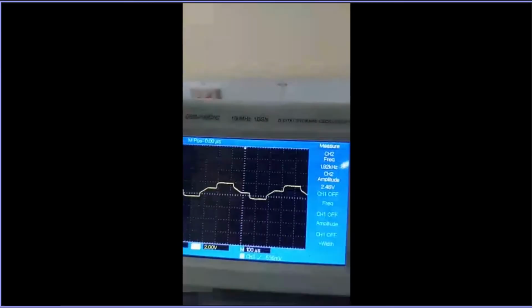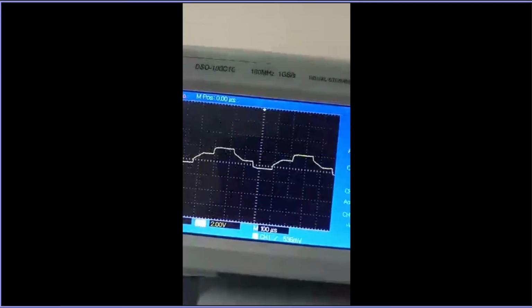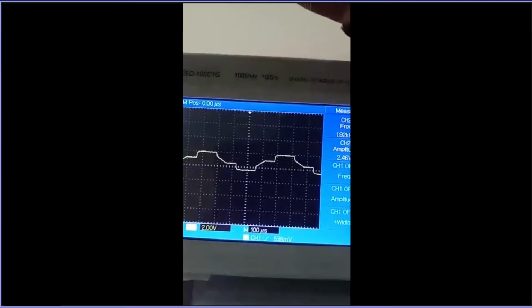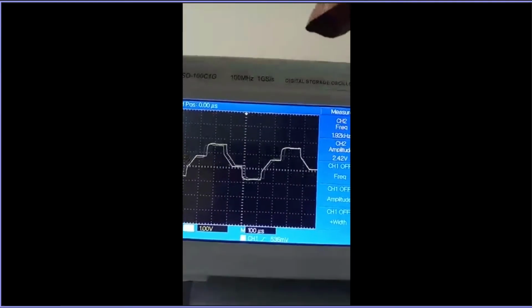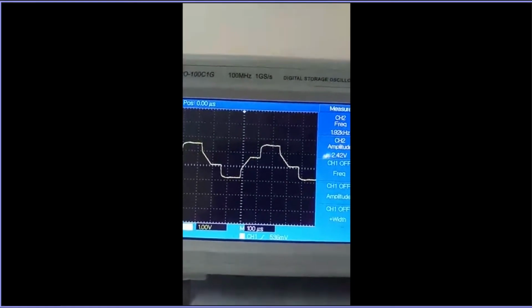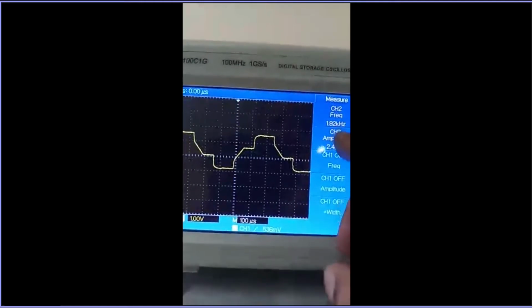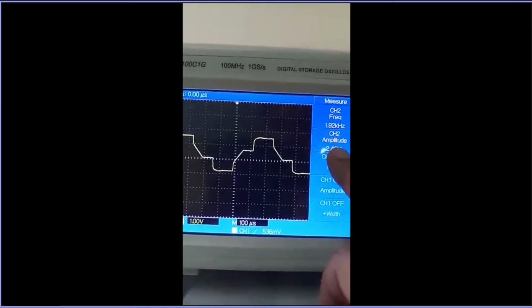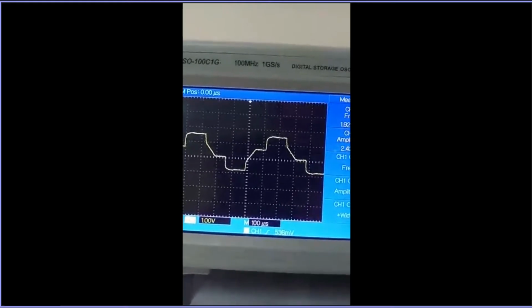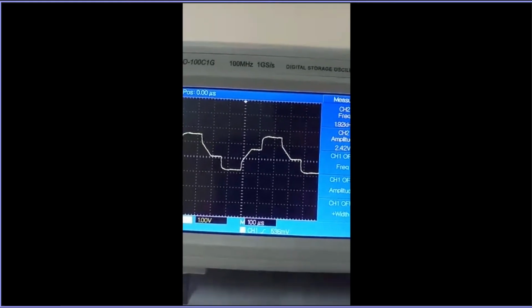And this is the output of the sample and hold circuit. Okay, you can see the frequency is 1.92 kilohertz. It has not changed, right? Please take the snapshot of this one. This is the output of the sample and hold circuit.